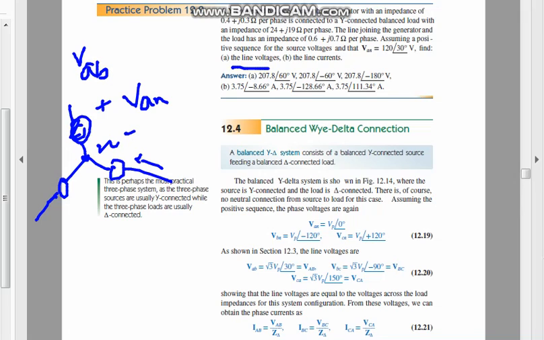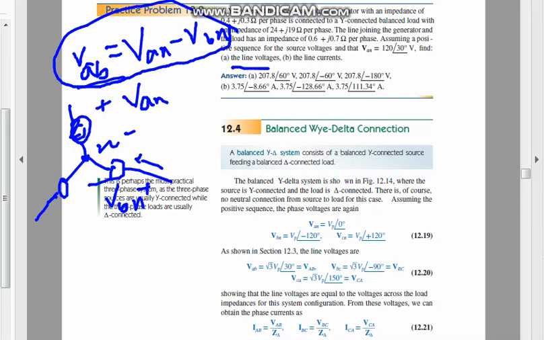Another phase is VBN. So VAB means VAN minus VBN. This equation is very important for finding the line voltage.